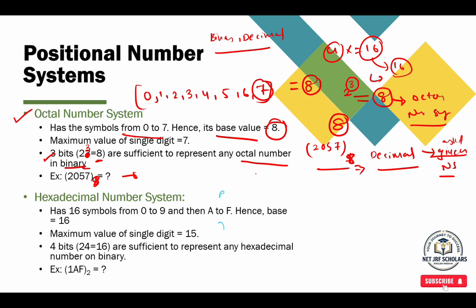First we will look at the conversion of this octal number into the decimal number. So we have to start from the right side, that is 7 into 10 to the power of 0, as we are converting into the decimal, 10 to the power of 1, 0 into 10 to the power of 2, 2 into 10 to the power of 3.